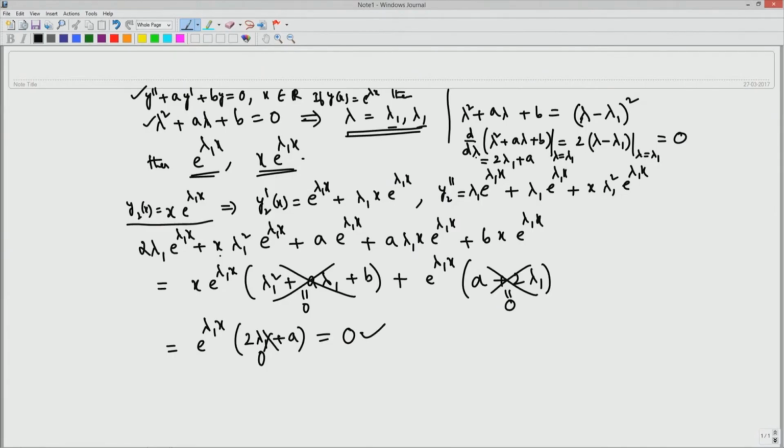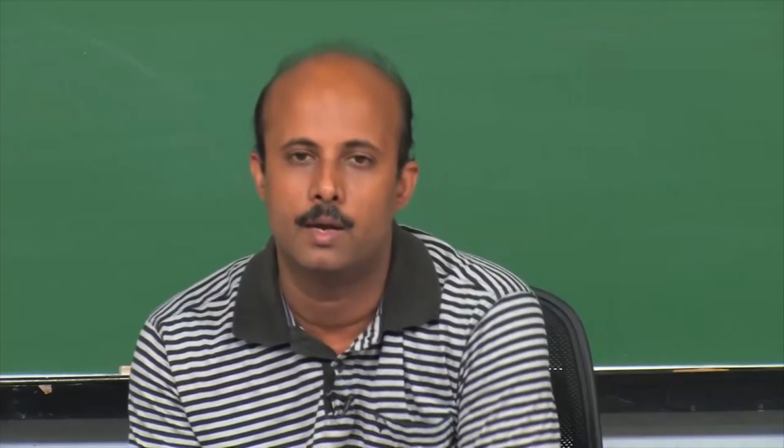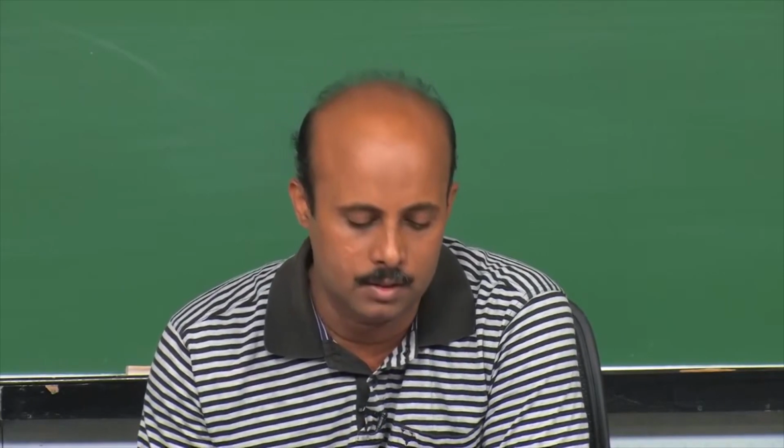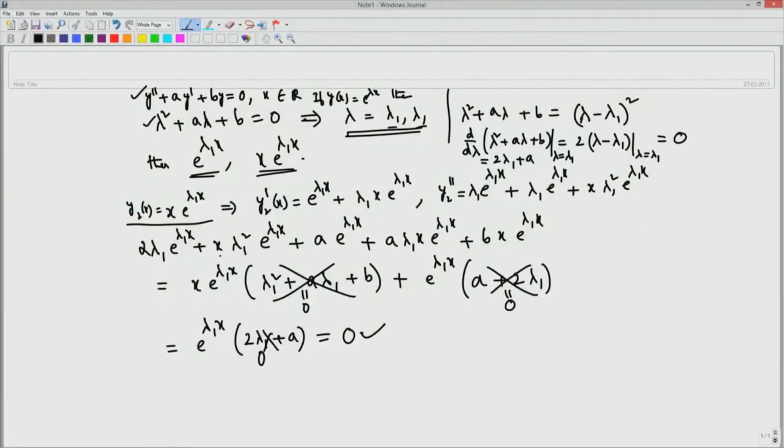So all those derivatives of the polynomial, up to k derivatives, once you put lambda equal to lambda 1, are 0. Once you substitute x power k into e power lambda 1 x, all these things are 0, so that makes it a solution.